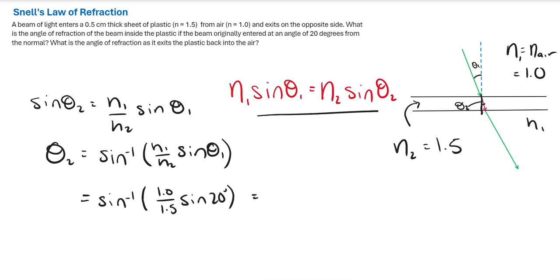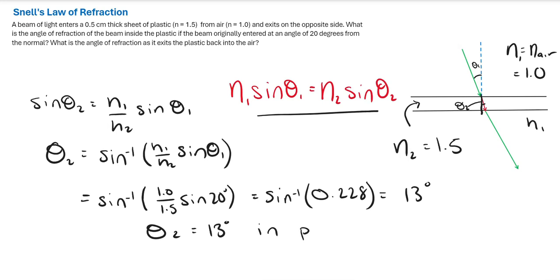Just plugging this part into a calculator, we get the inverse sine of 0.228, and this is going to be 13 degrees. So theta 2 equals 13 degrees in the plastic.